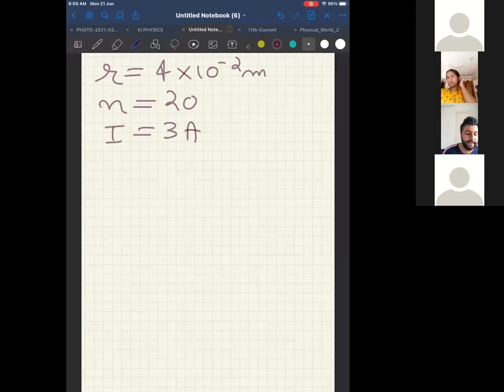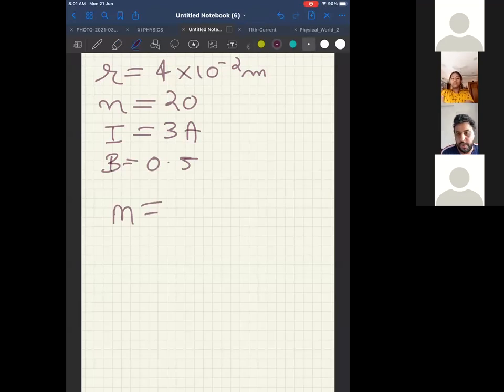It is placed in a magnetic field of intensity 0.5 Weber per meter square. What is the magnetic dipole moment?